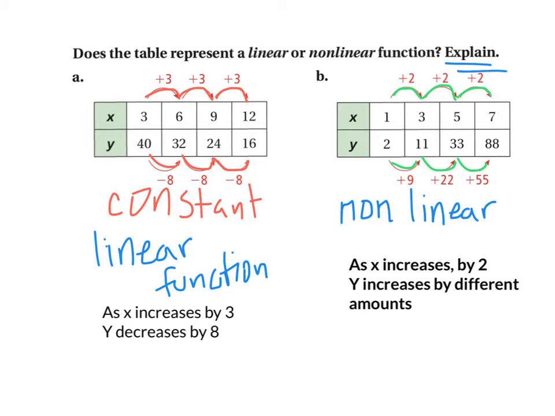Okay, so that's how you would describe what's going on for B. Okay, so this is using a table. You just find the change each step and decide if it's linear or non-linear. And then explain it to me by telling me what happens with x and y.